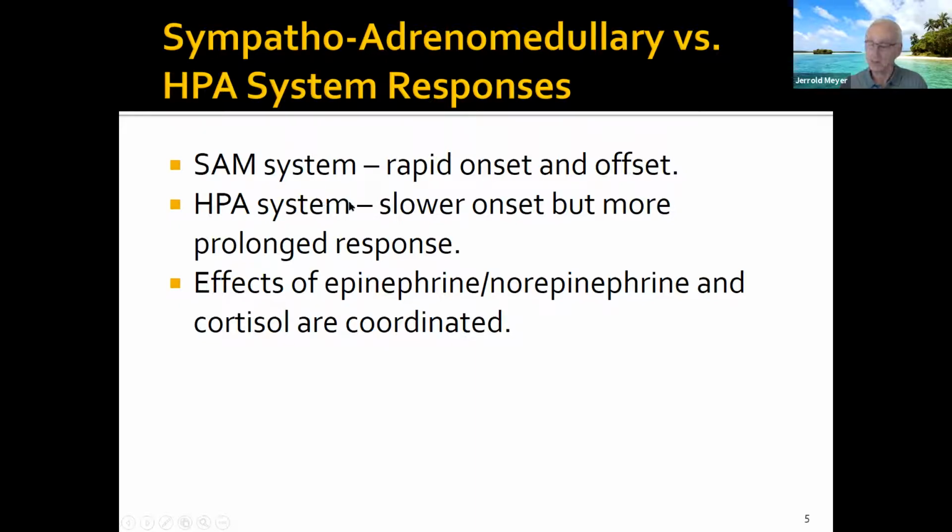The HPA system, as I said, we're going to be talking about a lot this afternoon. Slower onset, but more prolonged response. And these, in fact, were evolved to coordinate with each other in their effects on cardiovascular system, their effects on energy metabolism, like glucose and fat metabolism, and so forth.